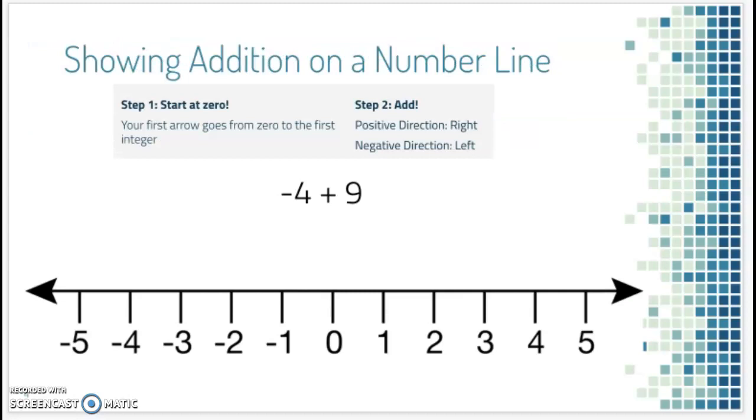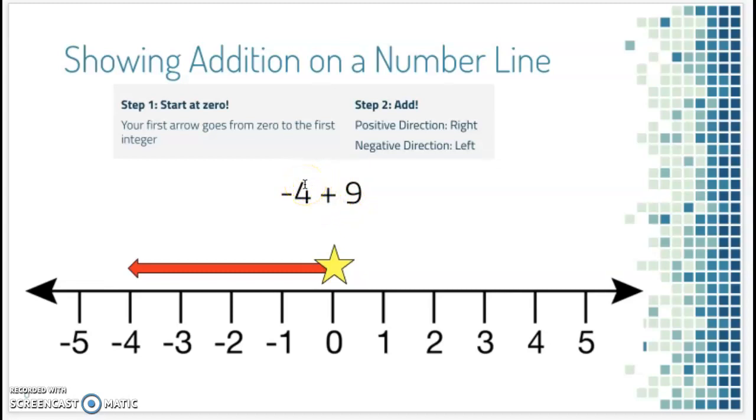Next, we're going to review what we learned last week on how to show addition on a number line. Remember, we always start at 0. From 0, we're going to go either in a positive or negative direction, depending on the sign of our first integer. This first integer is negative, so we're going to go in a negative direction, and we're going to go this many steps. So we're going in a negative direction 4 steps.